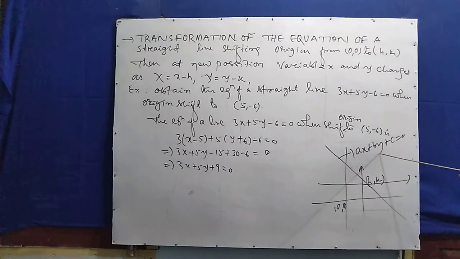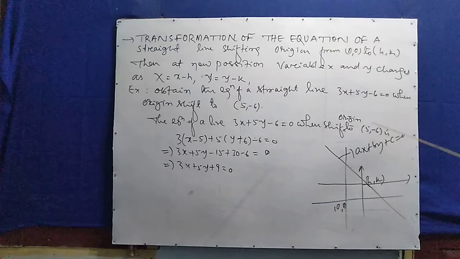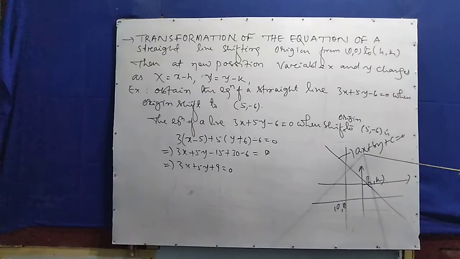Initially the equation is given as ax plus by plus c equal to 0. When the origin shifts from 0, 0 to h, k, at the new position the x and y values change: x becomes x minus h and y becomes y minus k. The h and k values are given, so instead of x and y you put these values.